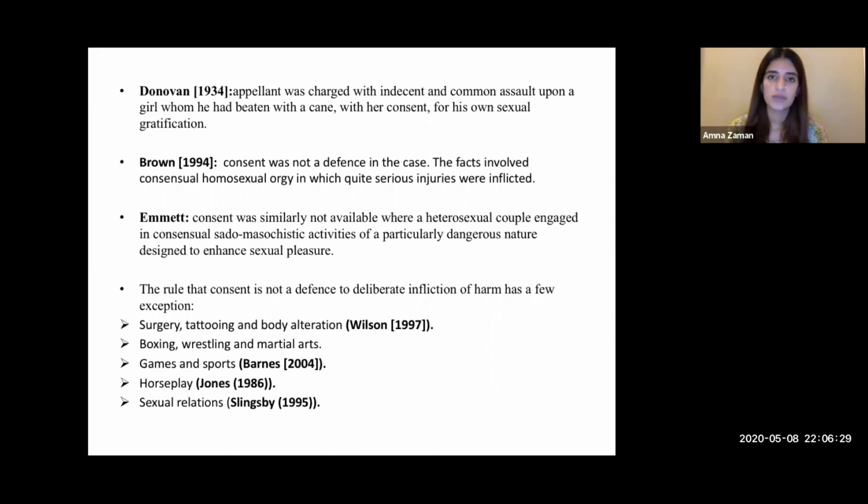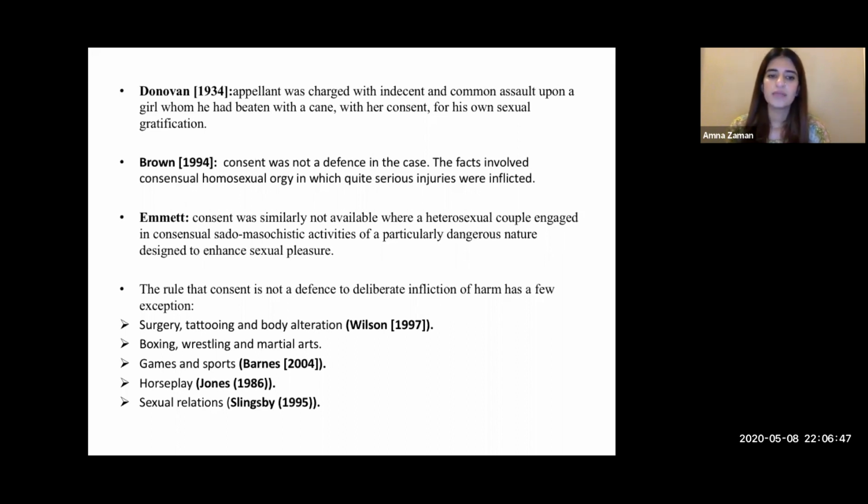So, for instance, if the doctor is conducting an operation on you, cutting your body apart for certain medical reasons, and you've consented to it, it will not be a crime of violence, and consent will be a defense here.